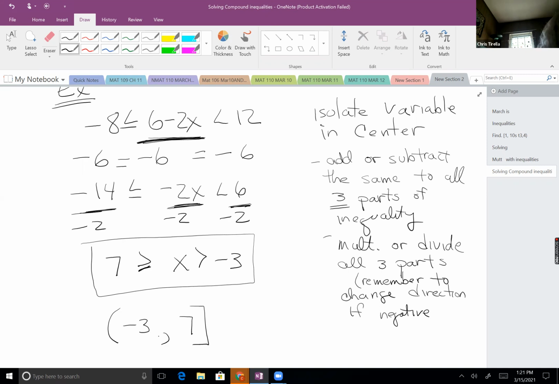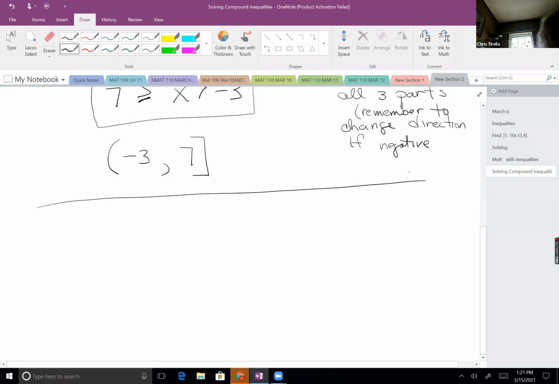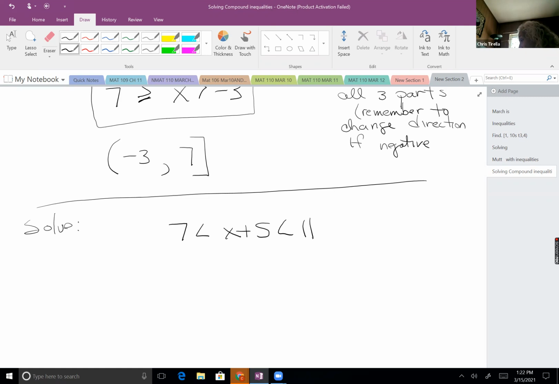Sure. Let's ask you folks to solve: 7 is less than x plus 5 is less than 11. I'm going to be quiet for a minute and ask you folks to please try that one.